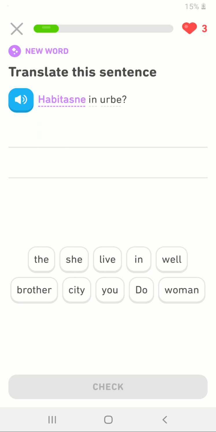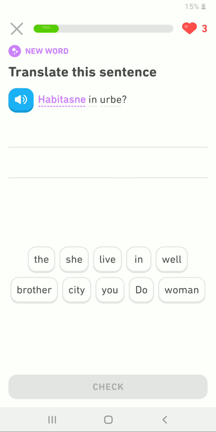Habitasne in urbe? So let's do an exercise here. Habitasne in urbe? Urbe can be city.